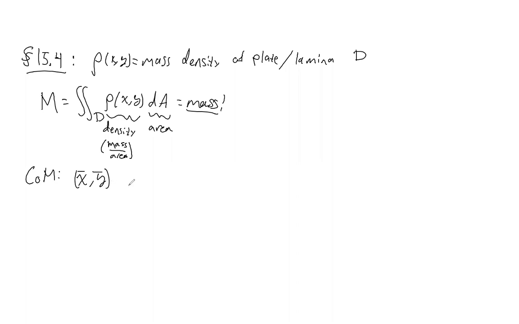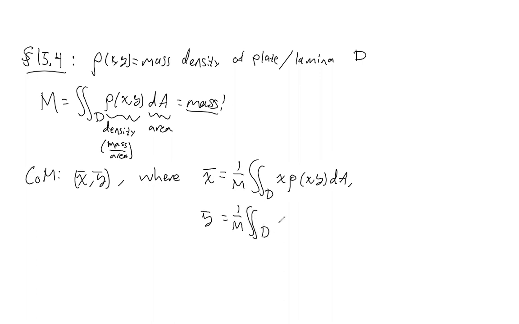Usually we write this as x bar, y bar, where x bar is equal to 1 over m times the double integral over your lamina of x times rho of x, y dA, and y bar is 1 over m times the double integral over D of y times rho of x, y dA. So it's basically just a whole bunch of calculations, but it's not terrible to work out.